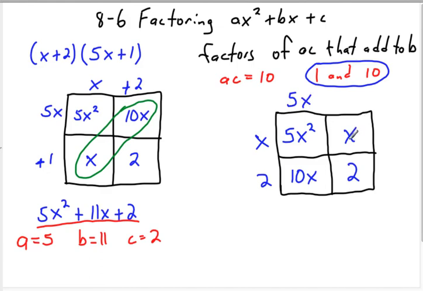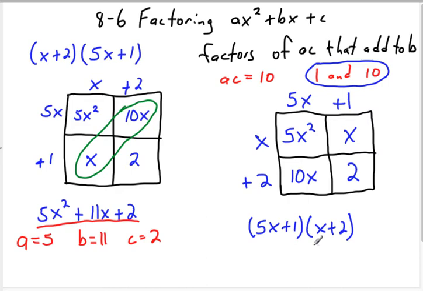And then x and 2 have nothing in common. So we're actually going to have to put a 1 here. That's positive. This 2 is positive. As you can see, we end up with 5x plus 1 on top and x plus 2 on the bottom, which is what we started with. Keep in mind, it doesn't matter the order because 2 times 5 is the same as 5 times 2. It doesn't matter which one you put first.